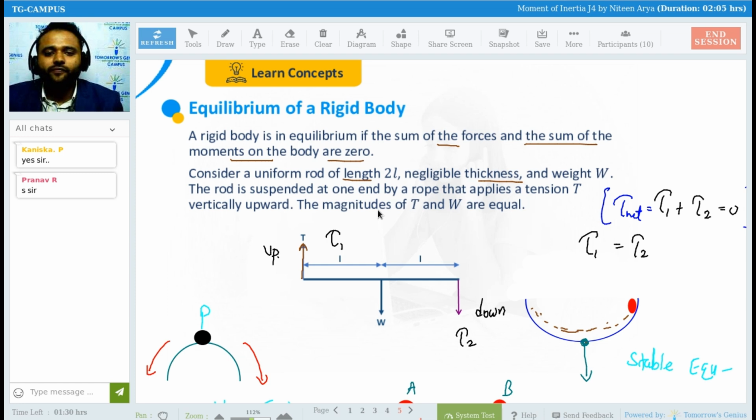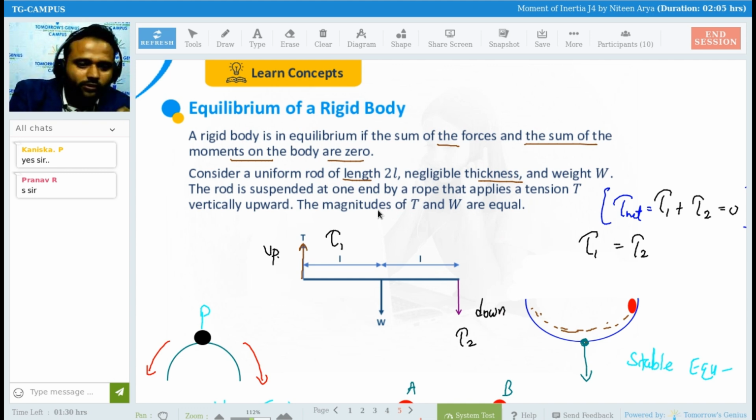In the same sense, for equilibrium of a rigid body, the body is balanced if the tension, when it is attached with a wire or anything else, and the weight are balanced out, or the net torque is going to be 0. Is this clear, everyone?